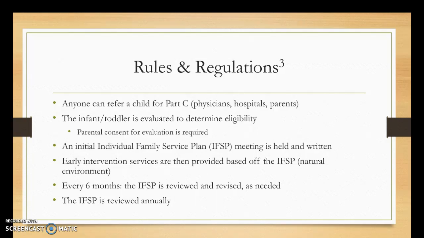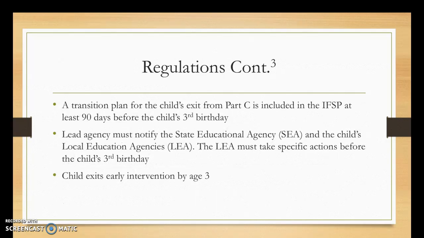Then the early intervention services are provided based off of the IFSP plan and are provided in a natural environment. Every 6 months, the IFSP is reviewed and revised if needed, and then reviewed again annually.